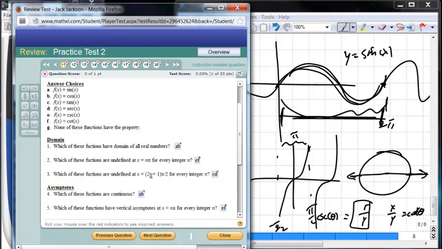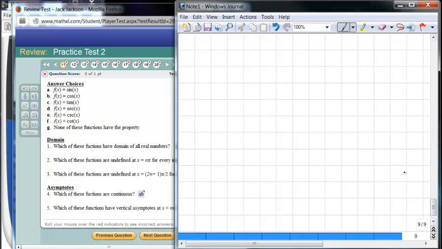Okay, which ones are undefined now? Notice that every integer n is an integer. 2 times that is an even integer. Add 1, that's an odd integer. So here we have odd multiples of pi over 2. In the unit circle picture, pi over 2 is straight up, and then 3 pi over 2 is straight down. So terminal sides are here, and those are ones where x is 0, so they're going to be undefined.